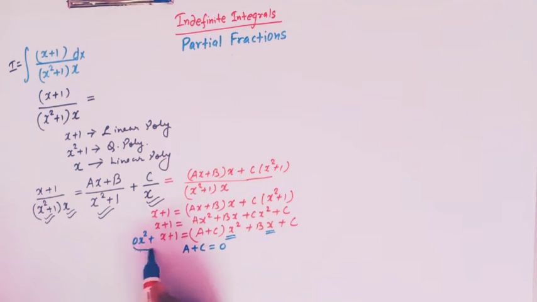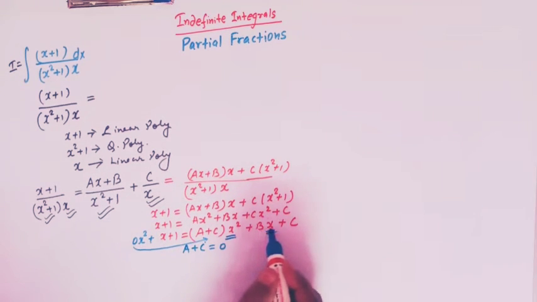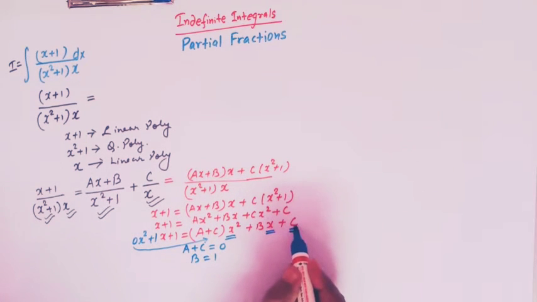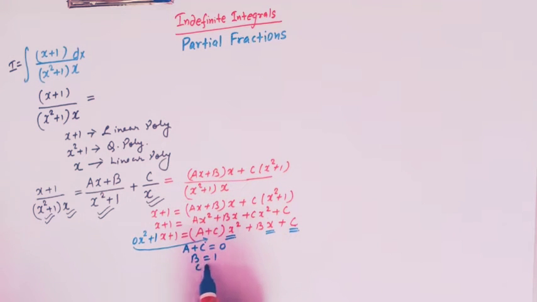So a plus c is equal to 0, and the coefficient of x on the right is b and on the left it is 1, so b is equal to 1. The constant term on the right is c and on the left it is 1, so c is equal to 1. So b is 1, c is 1, and from the first equation we can find the value of a. Substituting c is equal to 1, we have a plus 1 is equal to 0, so a is equal to minus 1.